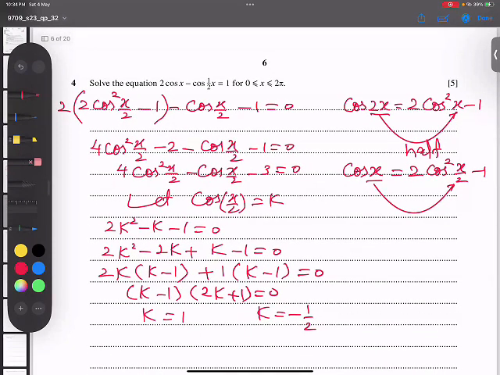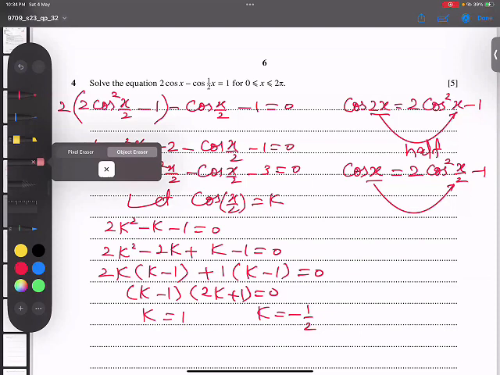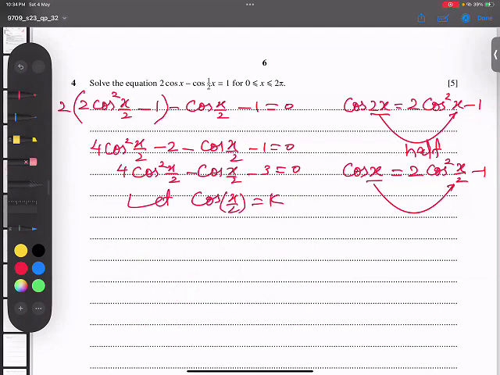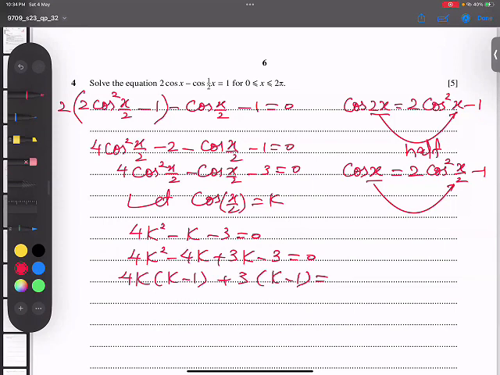And now I think this equation has turned into another format. What I can say here: 4k squared minus k minus 3 is equal to 0. 3 4s are 12, 4 3s are 12. And 4k common, I get k minus 1, and plus 3 common, k minus 1.